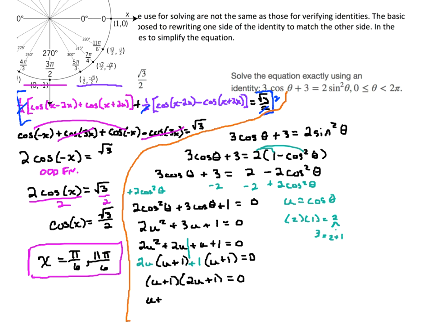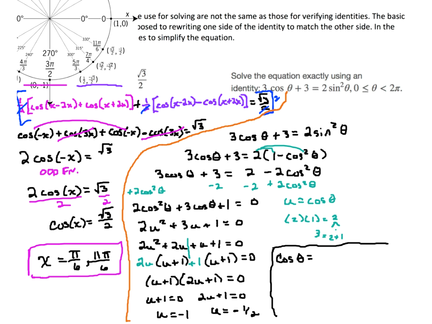Now I can use my zero product property. U plus 1 equals 0. 2u plus 1 equals 0. So u is negative 1. U is negative 1/2. Okay, so remember u is the cosine of theta, so cosine theta equals negative 1.